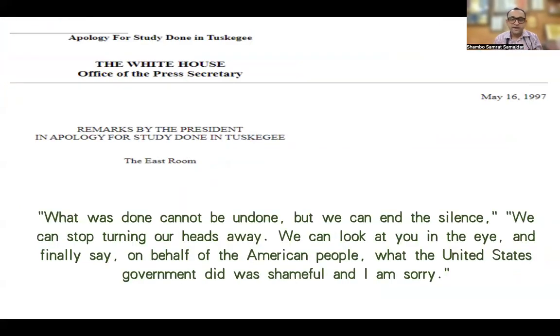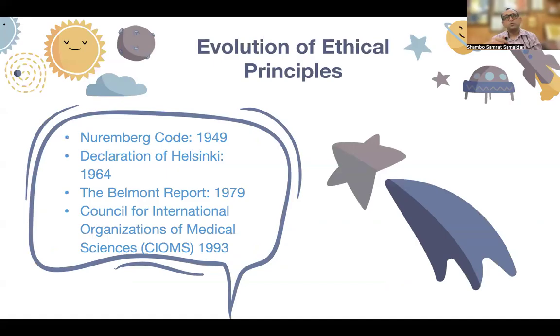Similarly, if we go back to the Tuskegee syphilis trial, almost 20, 30 years after, Bill Clinton mentioned this from the White House. Ultimately, they say sorry. So with all this heat, with all these atrocities, the knee-jerk reactions happened.